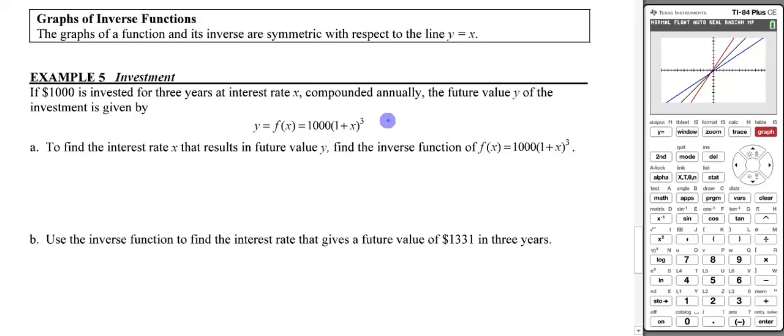In other words, the f of x function is going to use x as its input. That x is the interest rate x, and the output is going to be the future value.